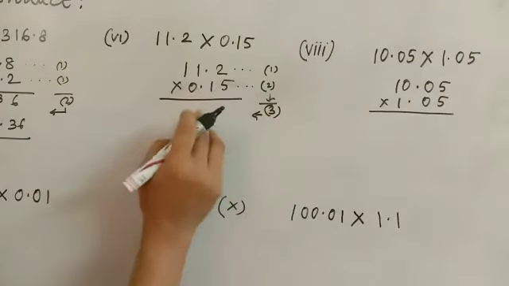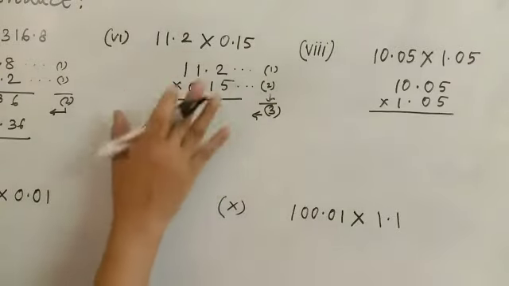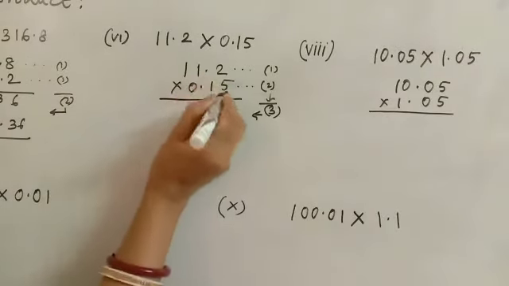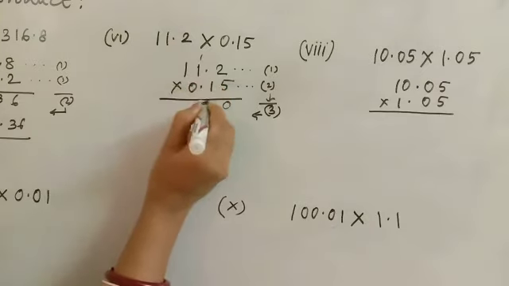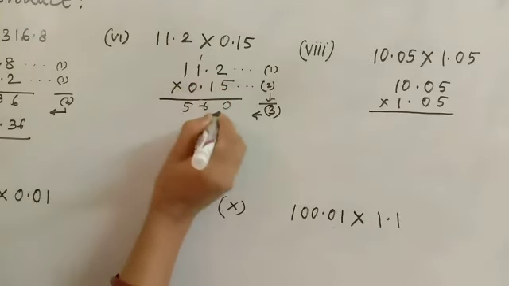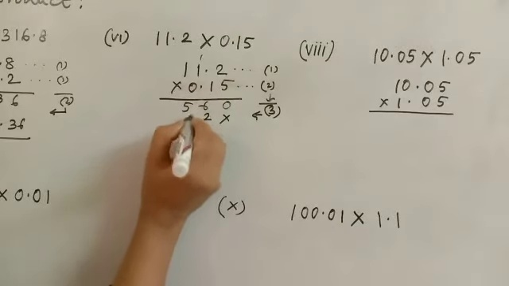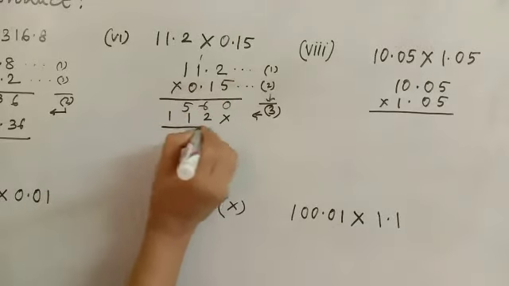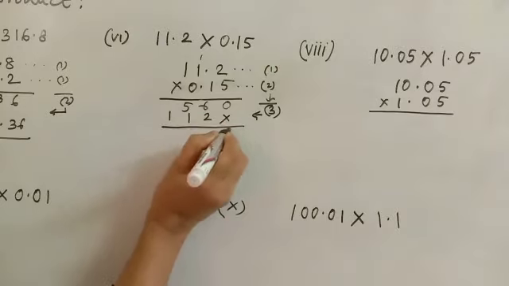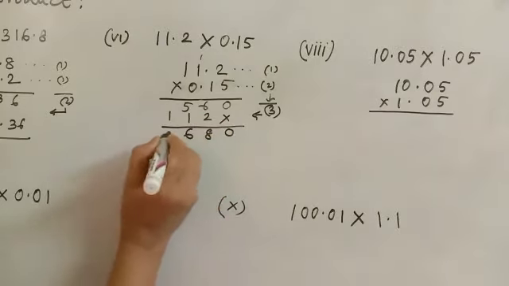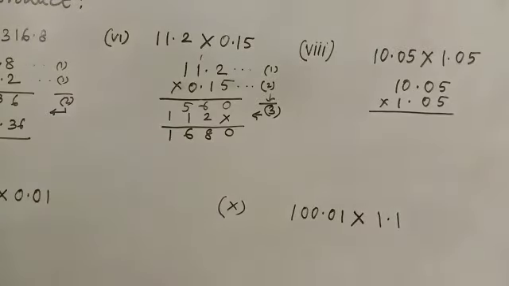Now you have to multiply without any decimal point. You just multiply it. 5 2s are 10, 1 carry, 5 1s are 5, 1 makes 6, 5 1s are 5, then 1 2 is 2, 1 1 is 1, 1 1 is 1. Now when you add this, 0, 8, 6, 1, then what will be the result?